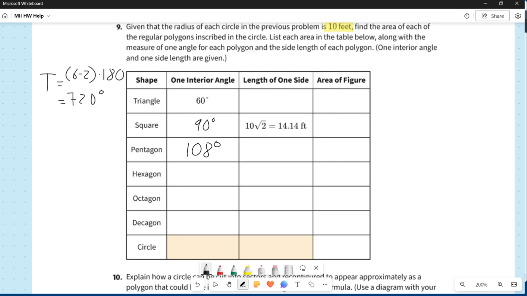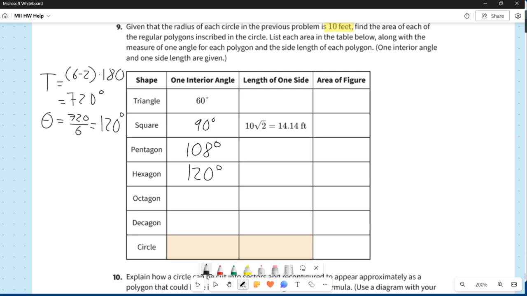If I want the measure of one of my angles, we'll call that theta, theta is going to be my total, and they're all congruent, which means all I have to do is divide by 6. So 720 divided by 6 is 120, which means that for the hexagon it's going to be 120.